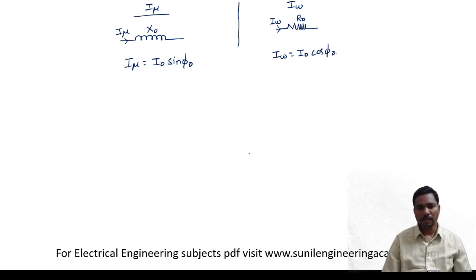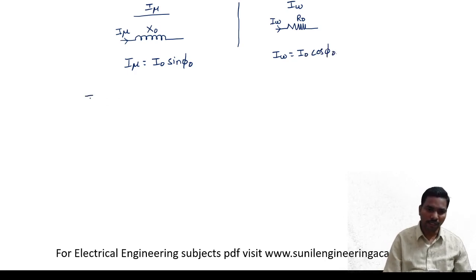So I mu is equal to I naught sin phi naught, where I naught is the no load current. How to represent the working component? Resistive. So the working component of the current, IW, is equal to I naught cos phi naught.